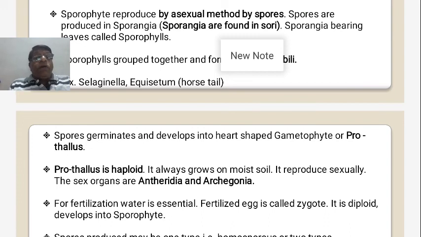Next, for fertilization, water is essential. In gymnosperms, water is essential during fertilization, as we said.